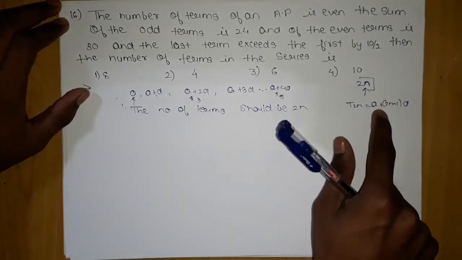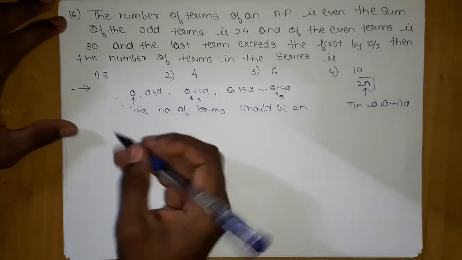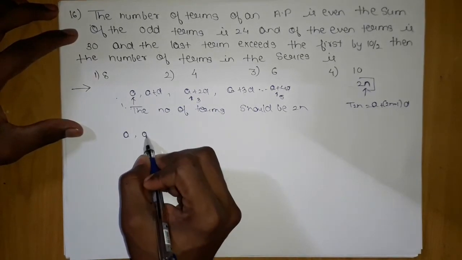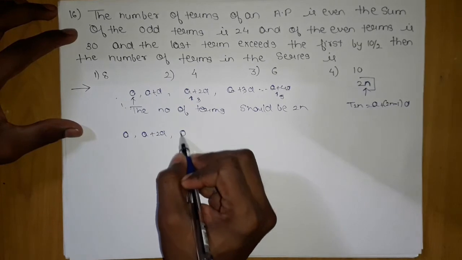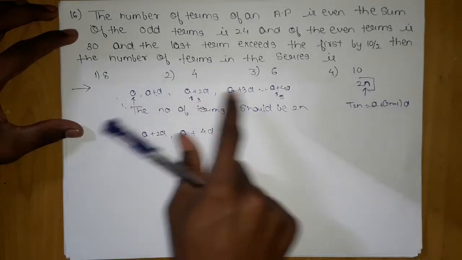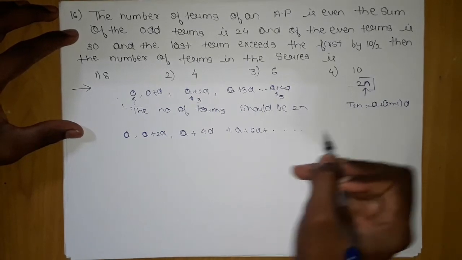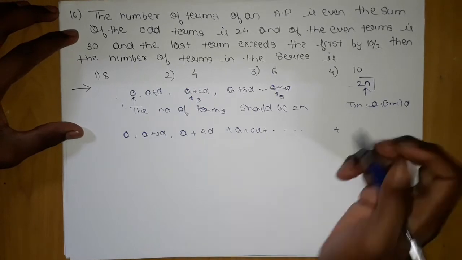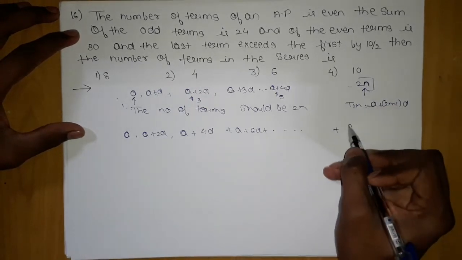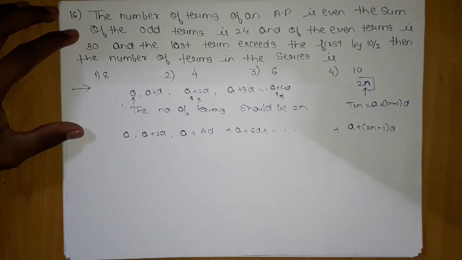So the sum of odd terms means this: first, third, fifth, a plus 6d, and so on. What is the last? Here even terms are coming, so this will be the last even term, a plus (2n minus 1) into d. This will be our last even term.